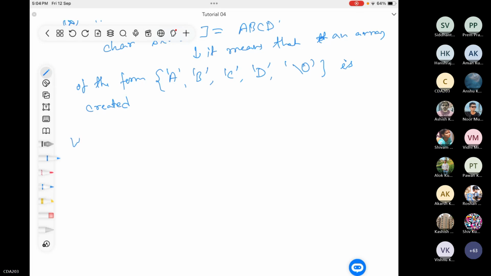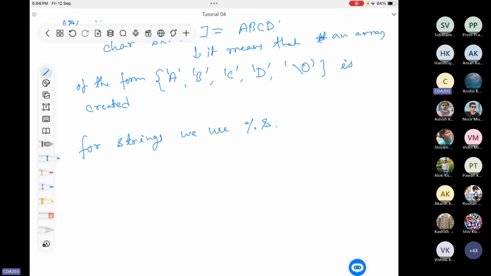How we read this string: you have seen that for integer data types we use %d, for float it's %f, and for strings we use %s. Remember, you are defining it as an array of characters.